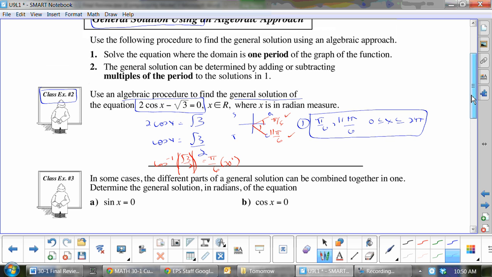And if you look up here at step 1, it says solve the equation where the domain is 1 period. Okay? So what I did was I did this. That's the answer for that. The general solution wants this.